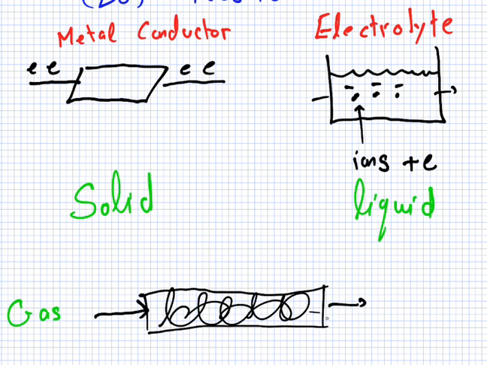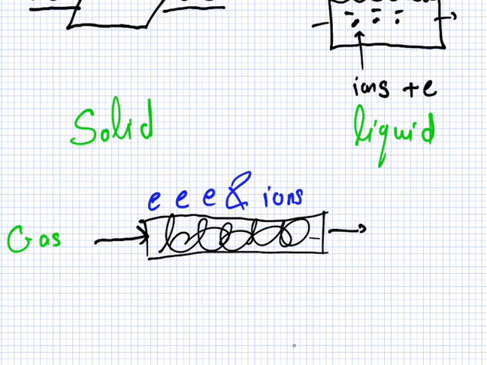By the way, it's both electrons and ions that move through a gas that passes the current, that passes the charge. But I do wonder if anybody knows what gas. The gas that allows this. I think you do all know.